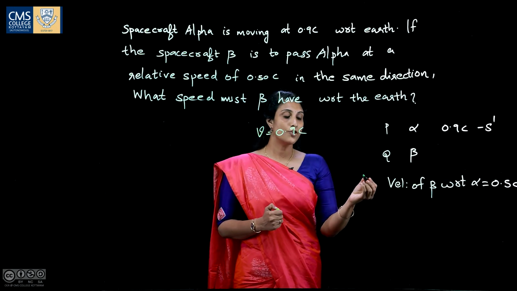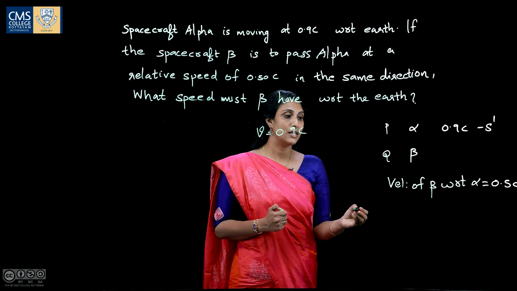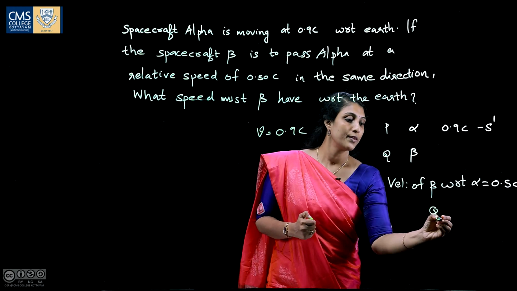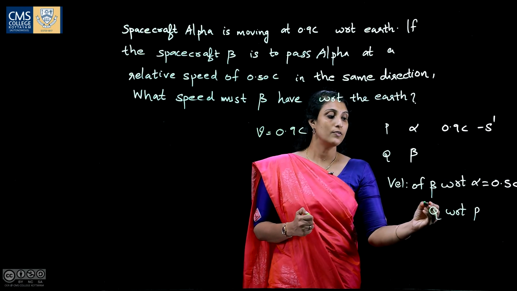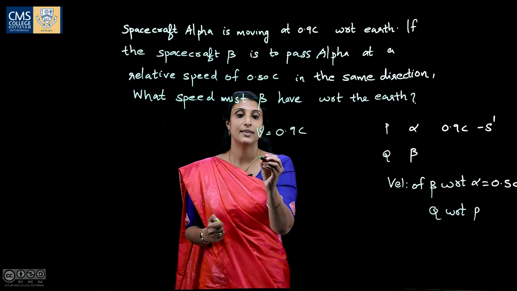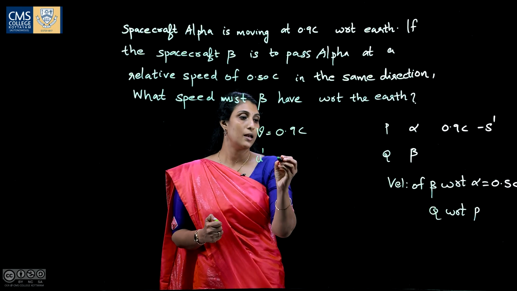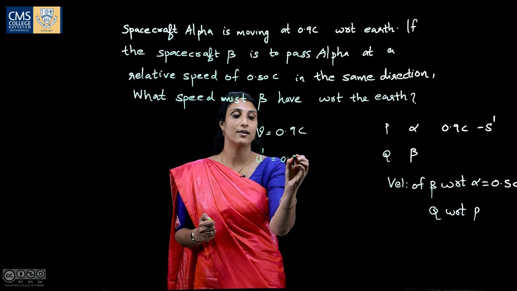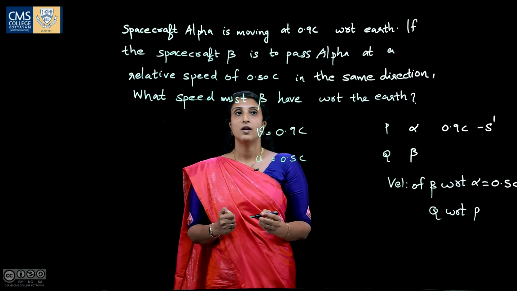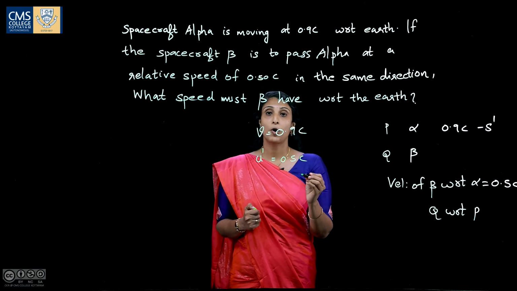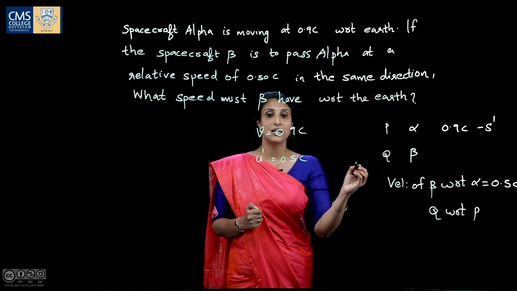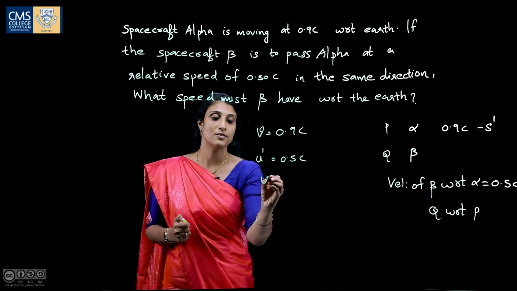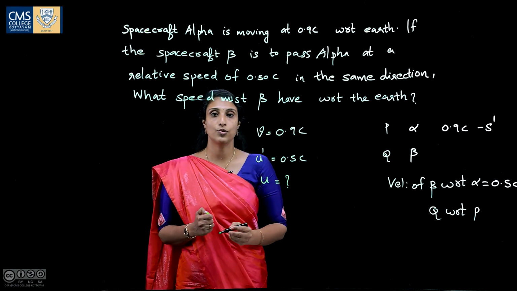And we have the velocity of beta with respect to alpha, meaning the velocity of q with respect to p, that is the velocity of q with respect to the s dash frame, that is u dash, which is 0.5 c. We have to find the proper velocity of beta, that is the velocity of beta with respect to the earth. Proper velocity is u, that is we have to find out u.